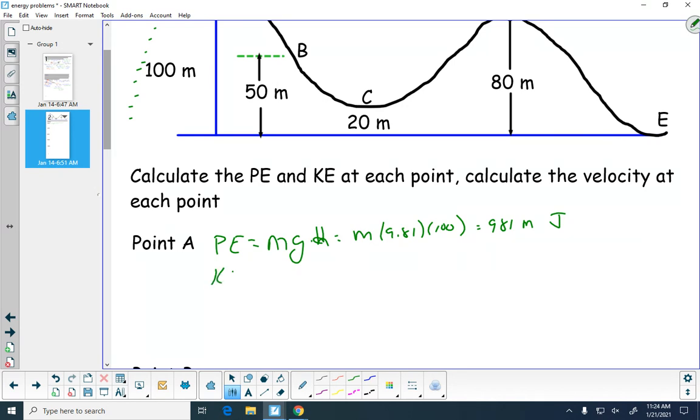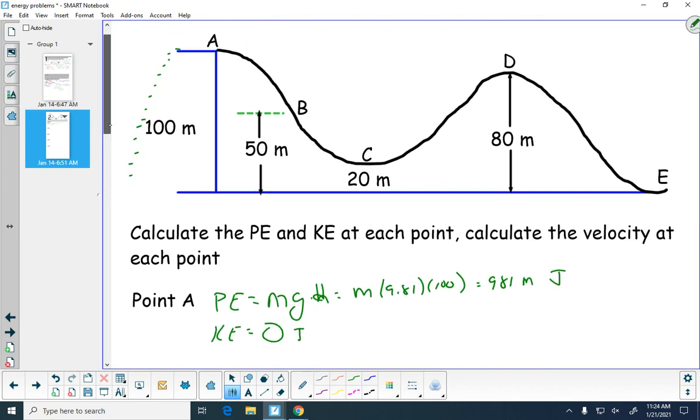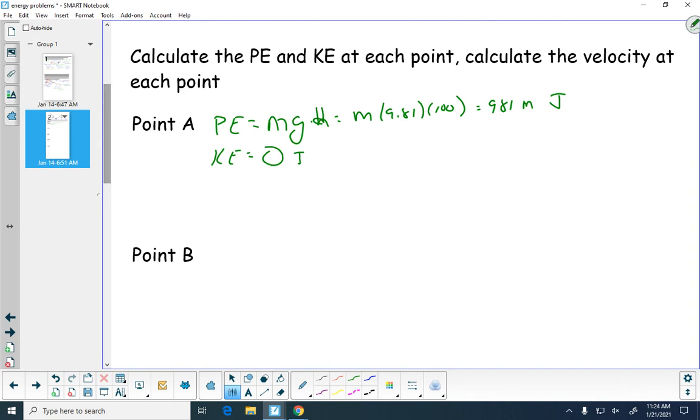Do we have any kinetic energy at the top? No, we don't. It starts rolling, so we have 0 joules there. If we take a look at the 50-meter mark, we have kinetic energy and we have potential energy. Once again, our potential energy can be calculated by MGH or MGD.